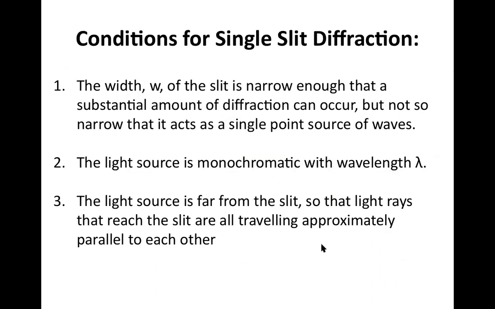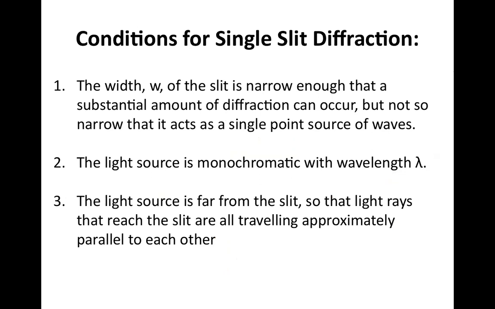So I said under certain conditions, we get that diffraction pattern from a single slit. So these are the conditions. The width is narrow enough that a substantial amount of diffraction happens, but not so narrow that it acts as a single point source of waves.